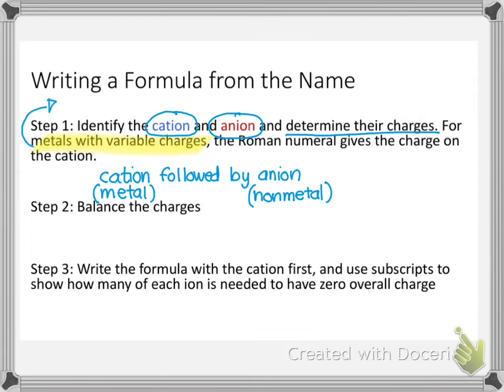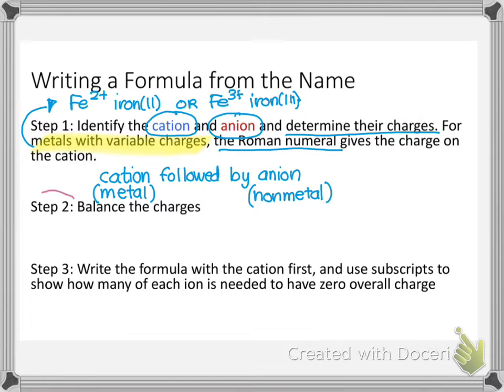That would be like an iron 2+, which would be called iron Roman numeral 2, or iron can form a 3+, which is an iron Roman numeral 3. And so that's just saying that the Roman numerals will be in the name, and that will tell us the charge.